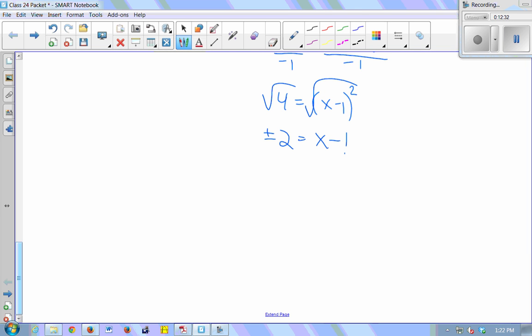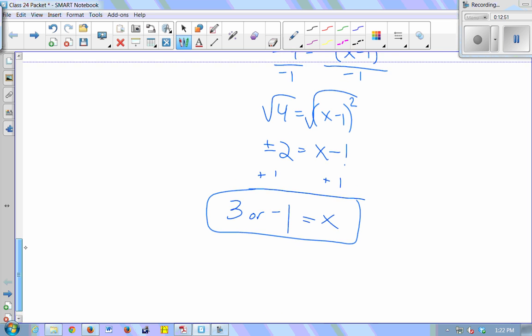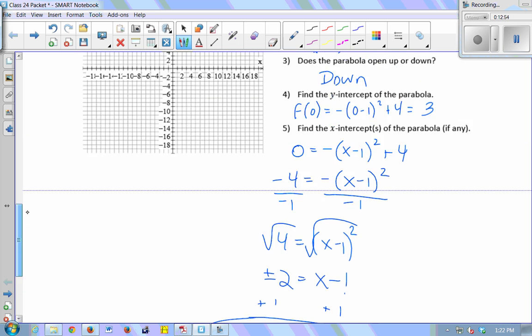Add 1 to both sides. And we get x equals, yeah, +2 plus 1 is 3. -2 plus 1 is -1. So those are my x-intercepts, 3 and -1. All right, so let's put all this info into the graph.